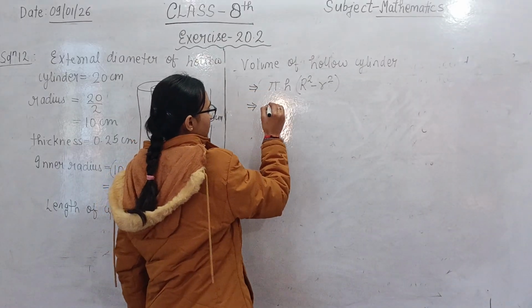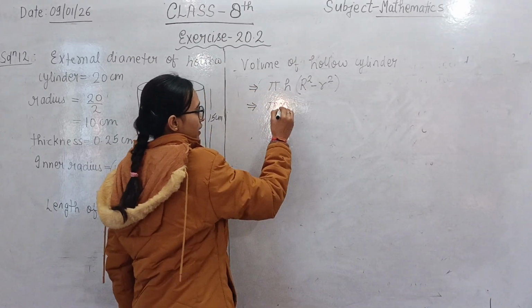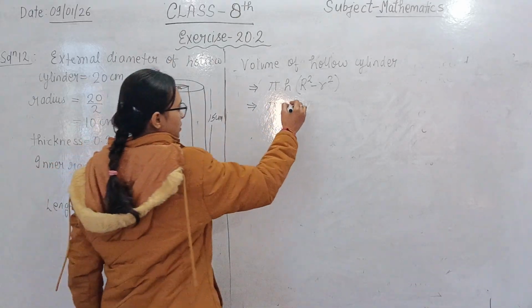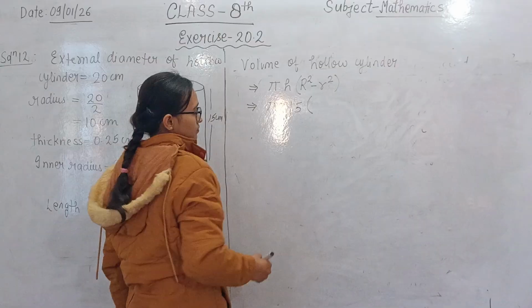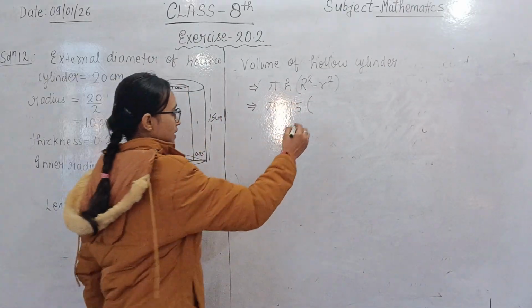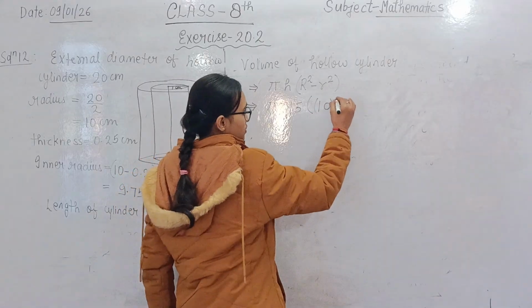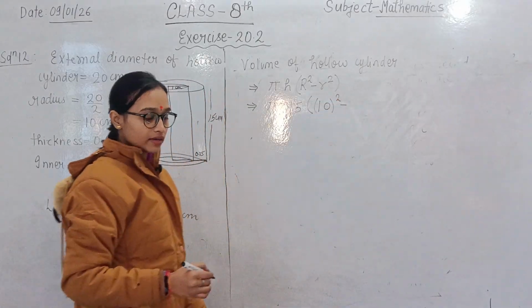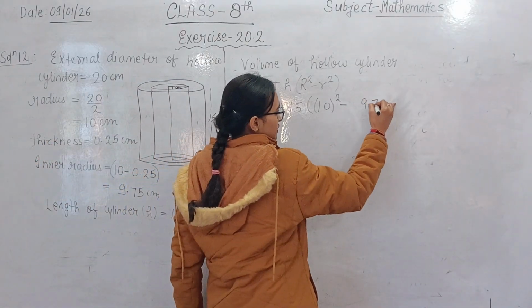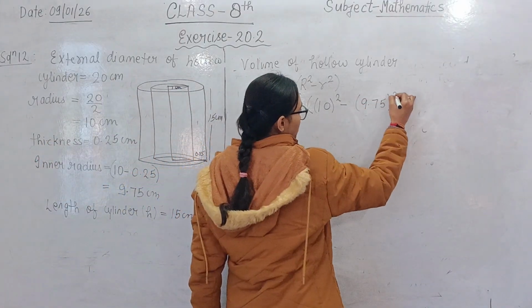So pi we will keep as pi. H means height, given as 15 centimeter. Radius of hollow cylinder we have calculated, capital R, as 10 centimeter. So 10 whole square minus inner radius 9.75 whole square.